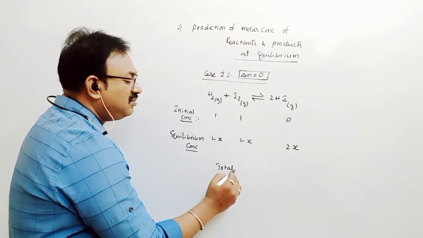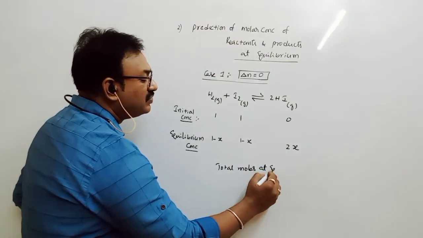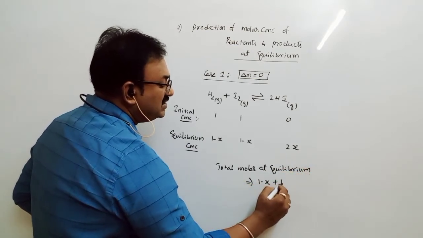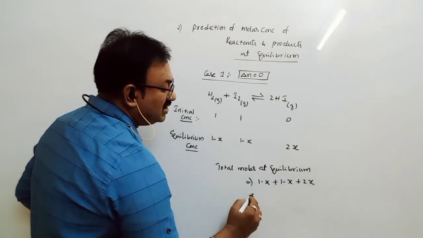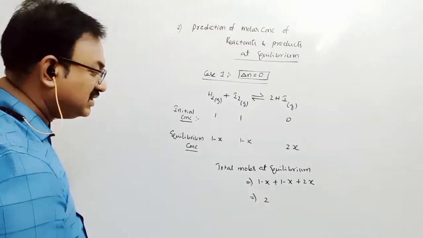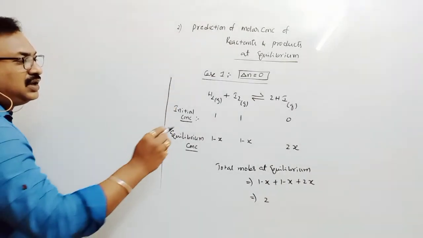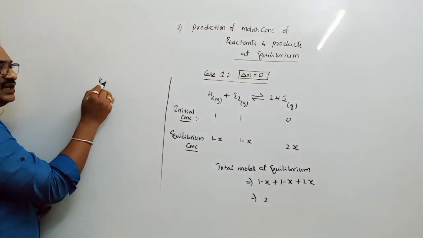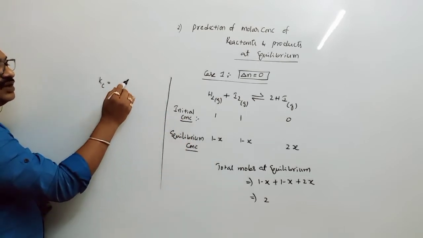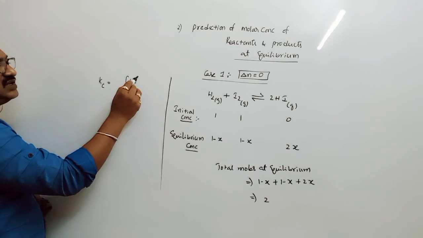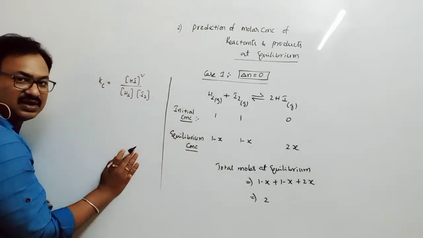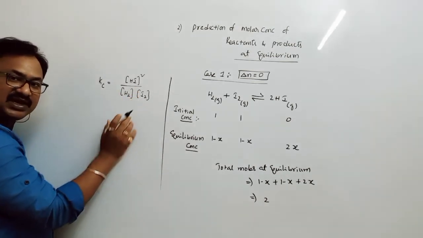Next, let's go through total moles at equilibrium. How much are the total moles at equilibrium? 1 minus x plus 1 minus x plus 2x. So how much will it come? 2 moles. That's 2. Okay. Now for this equation, what is Kc? Equilibrium constant Kc in terms of molar concentration. Concentration of HI whole square by concentration of H2 into concentration of I2 at equilibrium. Kc can be calculated from equilibrium concentrations.